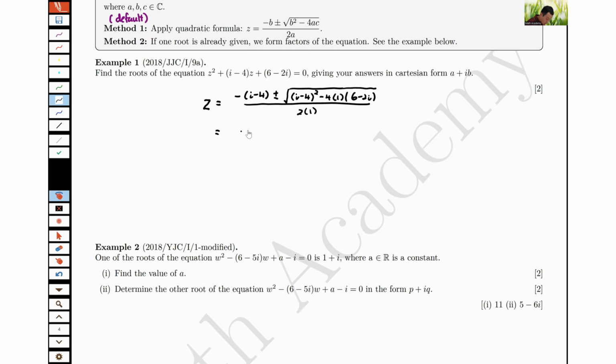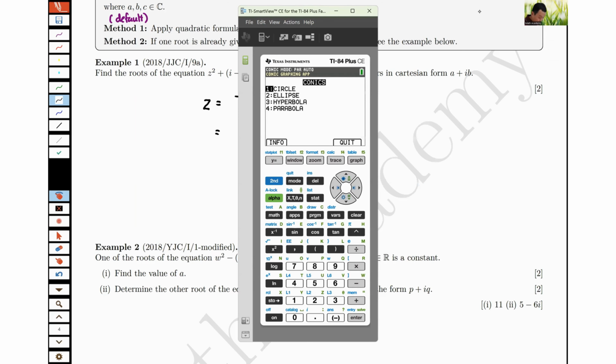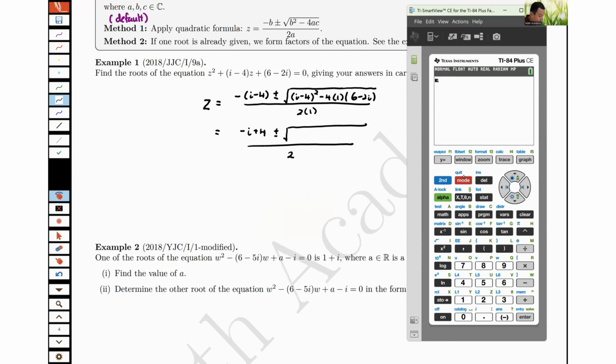So we have minus I plus 4 plus minus square root. Okay, so I need you to know that it is possible to key all this onto the graphing calculator, and you should. Default all the squares, plus, minus, all use the graphing calculator.